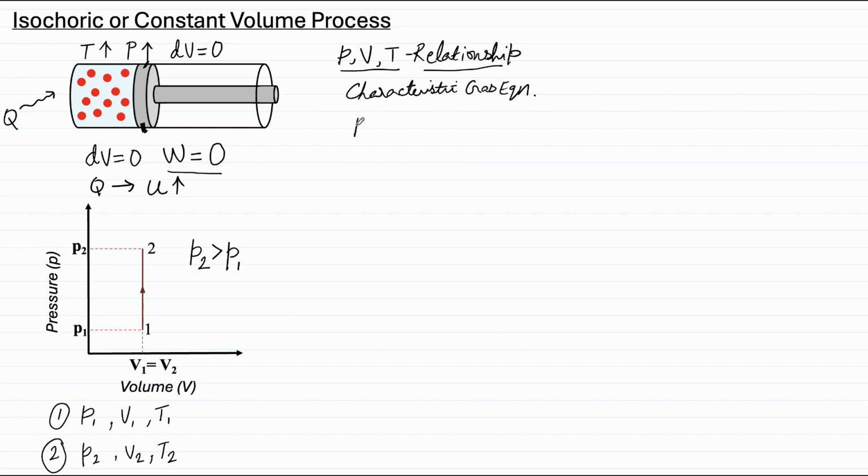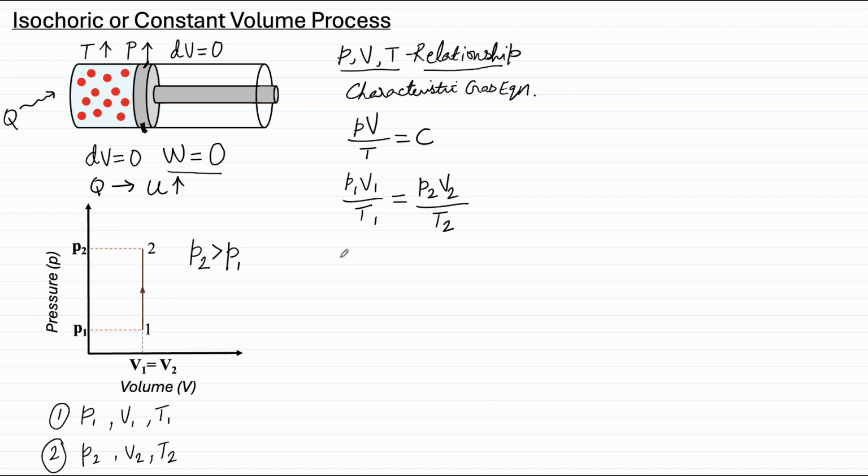So we can write pressure times volume divided by temperature is a constant C. When we apply the states, state 1 and state 2, we can say P1 V1 by T1 is equal to pressure at state 2, volume at state 2, and temperature measured at state 2, that is T2.